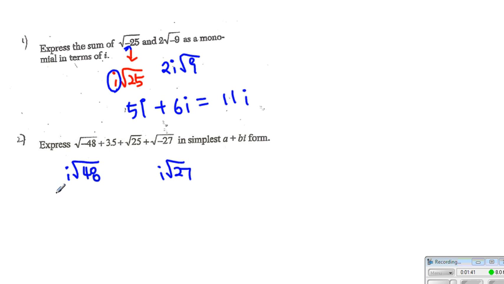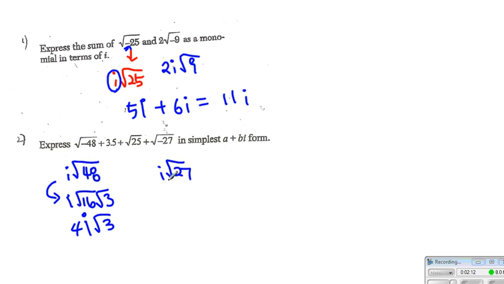Now, if you think about square root of 48, we are looking for two numbers that multiply to 48, with some sort of perfect square. One way we can do this is i square root of 16 and square root of 3. Square root of 16 becomes 4, so here we have 4i radical 3.